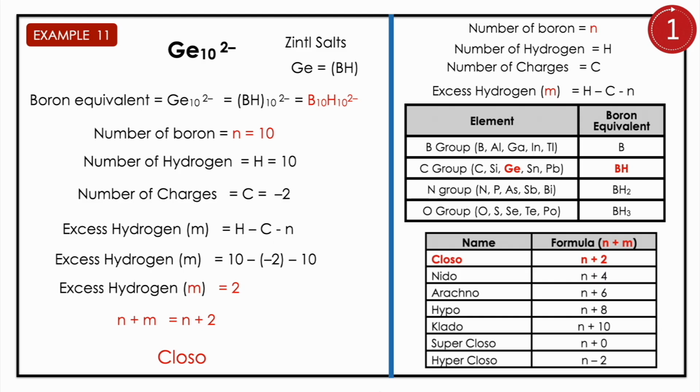M equals 2 means N plus 2 system. If you look at the table, N plus 2 means Closo structure. So according to the Wade's rule, the Zintl salt Ge10 2 minus has the Closo structure.